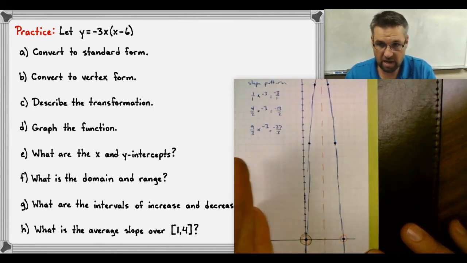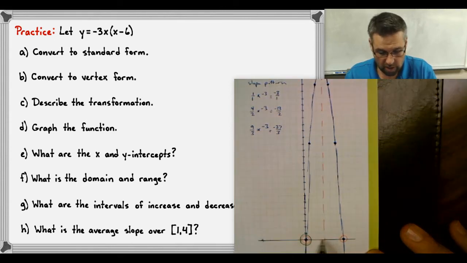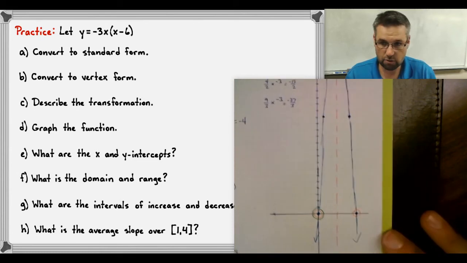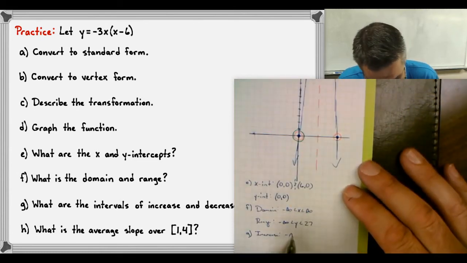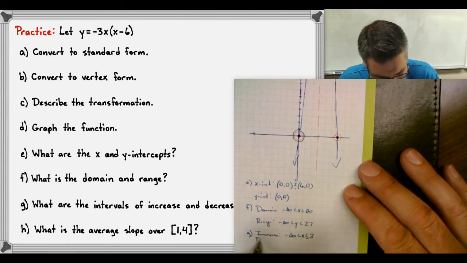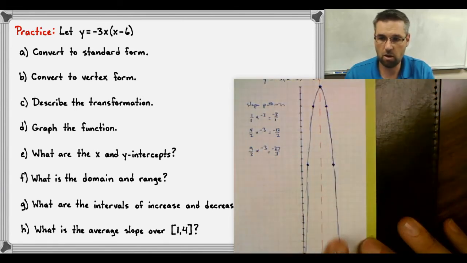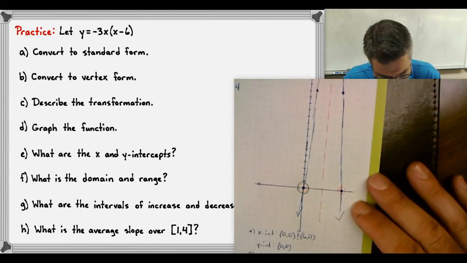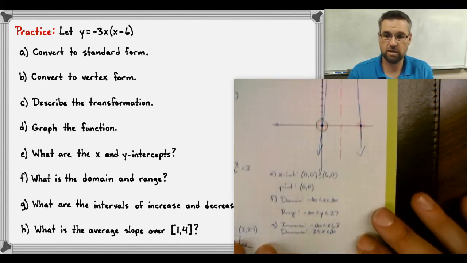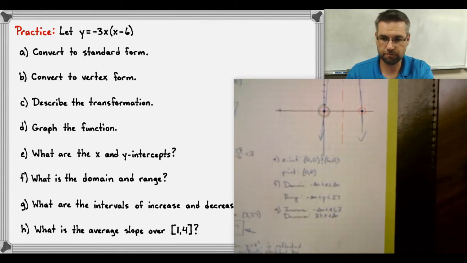So that would be from -infinity all the way over to this dotted line, all the way over to 3. So we would say our interval of increase is from -infinity to 3. And then our interval of decrease would be from the axis of symmetry, which is 3, all the way towards infinity. So 3 less than or equal to x, less than infinity. So that's our interval of decrease there.